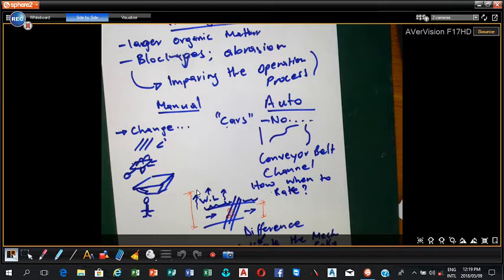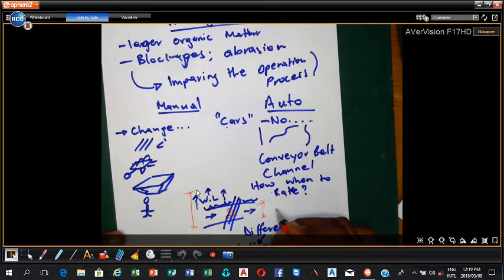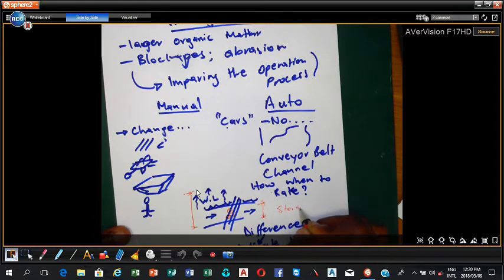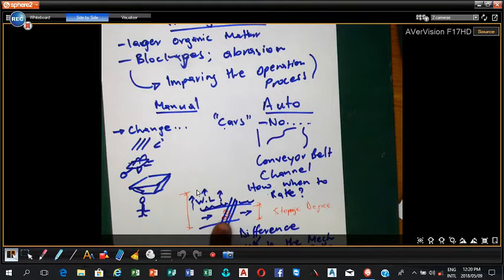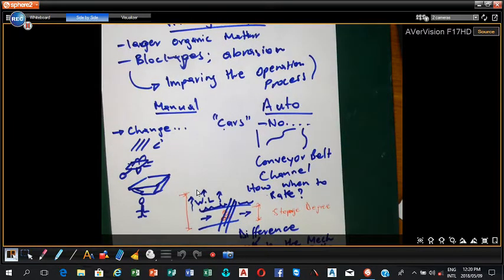Now, the activation of rake is referred to as a stoppage degree. The degree at which the screen stops the flow in terms of rising before as opposed to after.